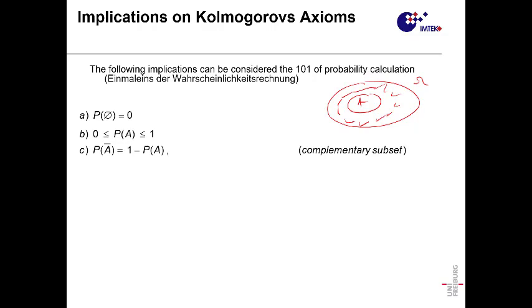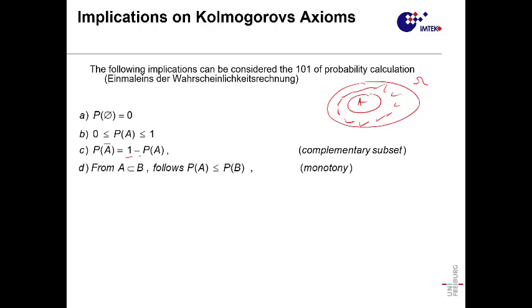If this function applied to omega has to be equal to 1, then we have our 1 here, and if we subtract the function applied to A, we have the function applied to A complement. I guess it's simple enough for everybody to understand.